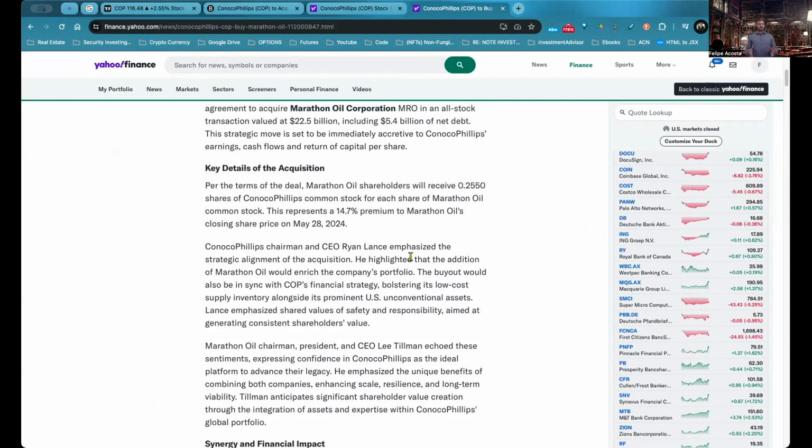The key details of the acquisition between ConocoPhillips and Marathon Oil is that Marathon Oil shareholders will receive 0.2550 shares of ConocoPhillips common stock for each share of Marathon Oil common stock. This represents a 14% premium to Marathon Oil's closing share price on May 28th.